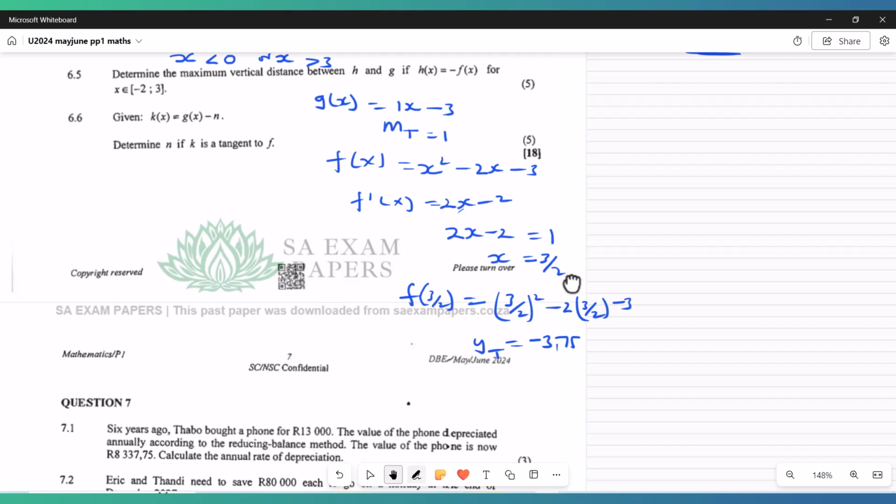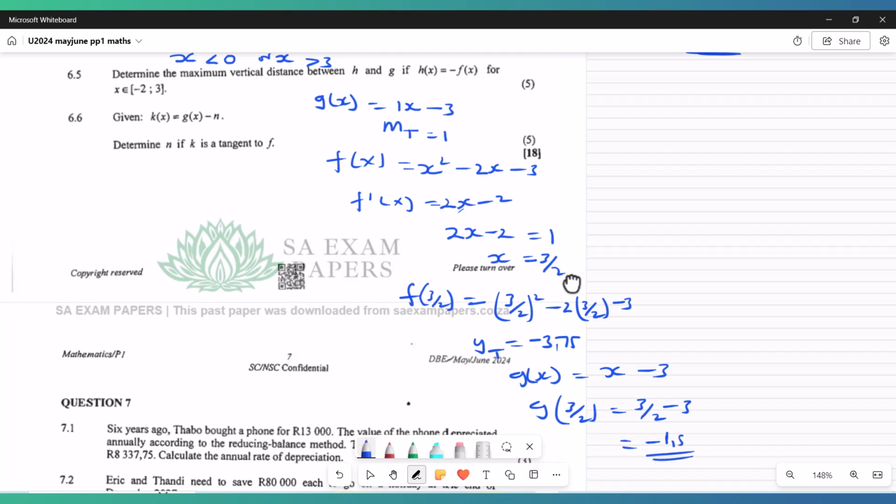Now I'm going to find g of 3 over 2, which gives me 3 over 2 minus 3, giving me negative 1,5. You can say negative 3 over 2. Negative 1,5 here.